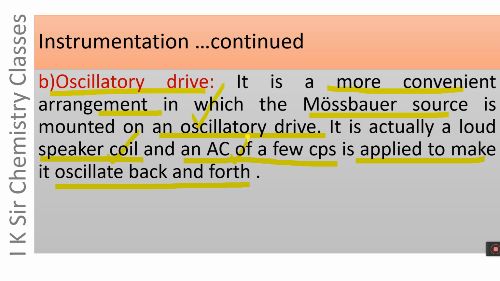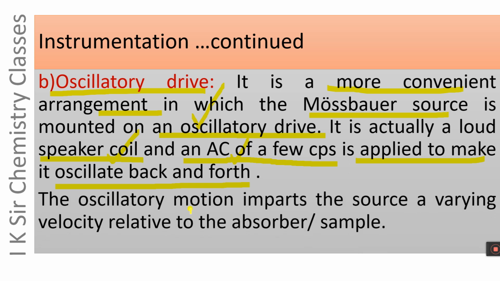As a result, the oscillatory drive oscillates in forward and backward direction, that is, oscillates back and forth. The oscillatory motion of this drive imparts the source a varying velocity relative to the absorber or sample.